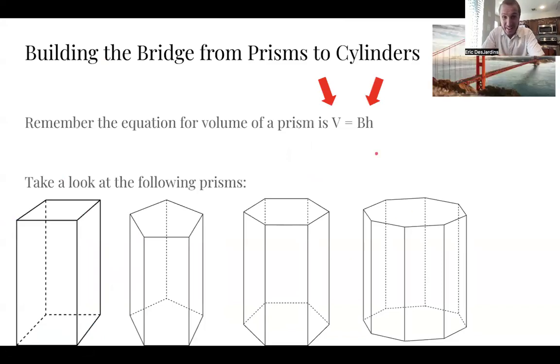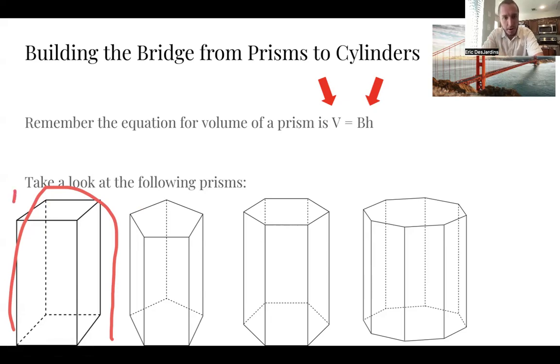So, like I said, we've talked about volume with rectangular prisms. And if you need a refresher, this right here is a rectangular prism. And the way we find volume is, remember, we do the base, that top and bottom polygon.